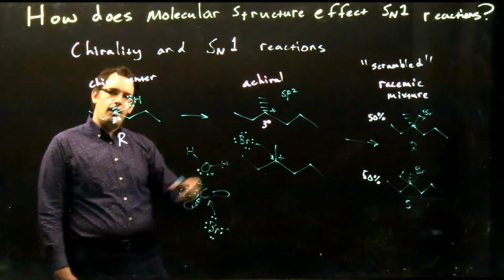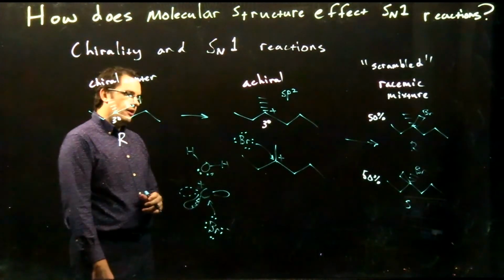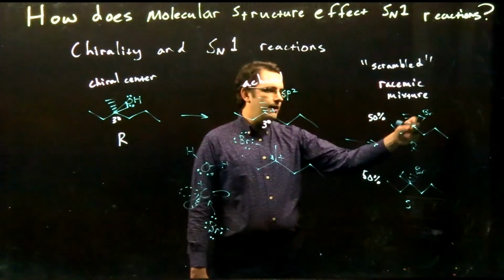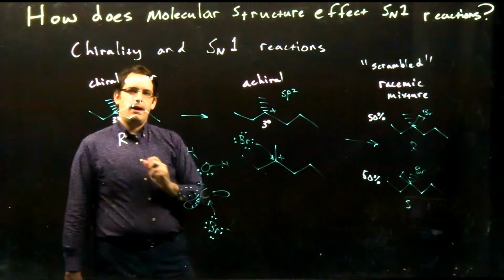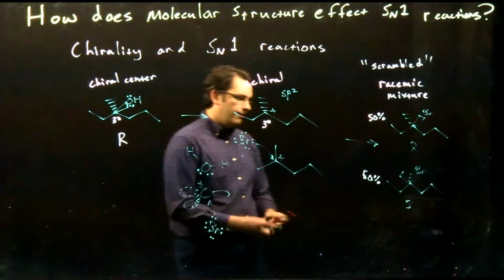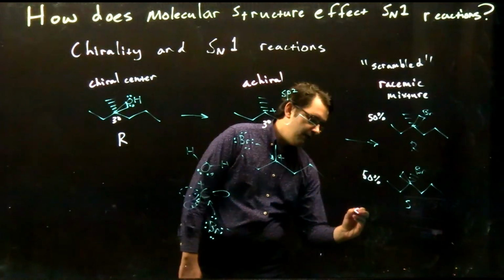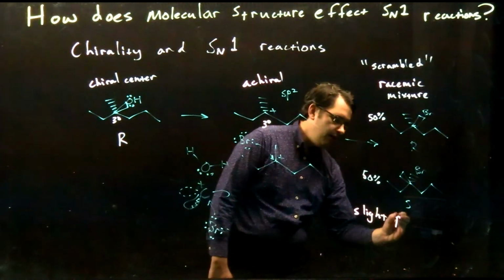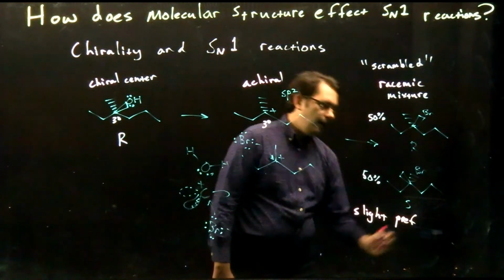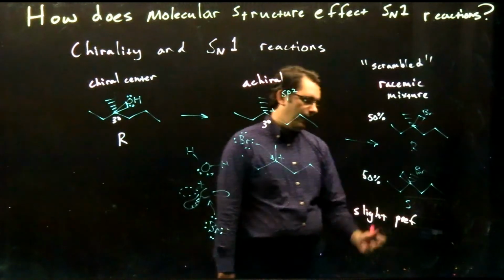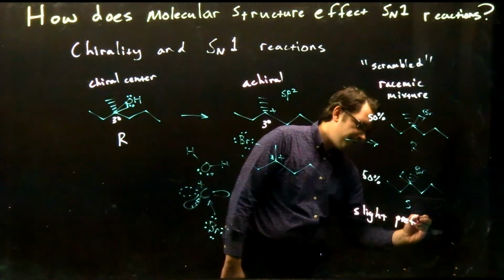And this will move off and make room for my bromide over time. But it will slightly slow the bromide that would be attacking the same spot where my oxygen was originally. So we actually have a slight preference for what we call inversion of configuration, where my bromine would be attacking from the opposite side to get that opposite configuration.